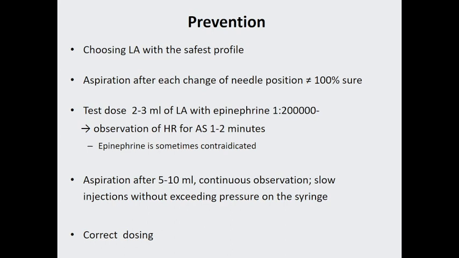However, it's not 100% sure, because the vessel wall can occlude the needle tip, and the aspiration will not be effective. So we cannot be 100% sure that when we aspirate and there is no blood, we are not in a vessel.